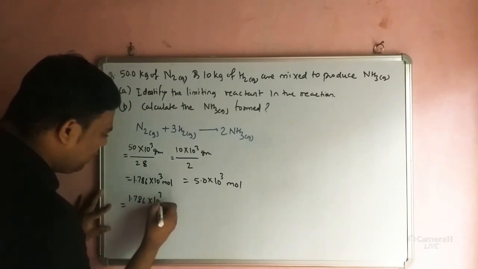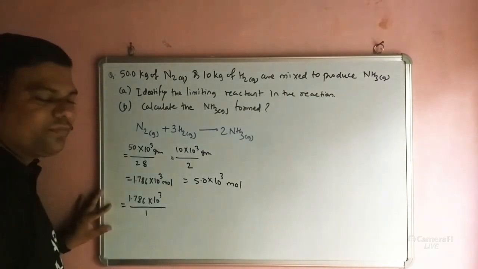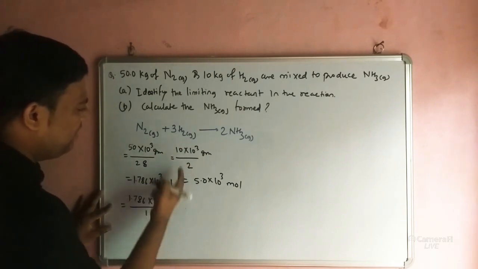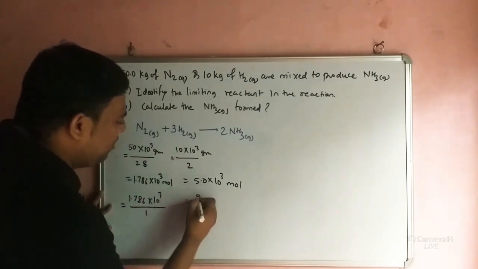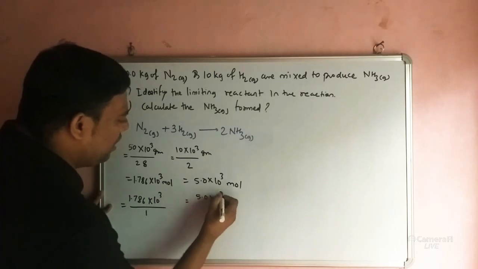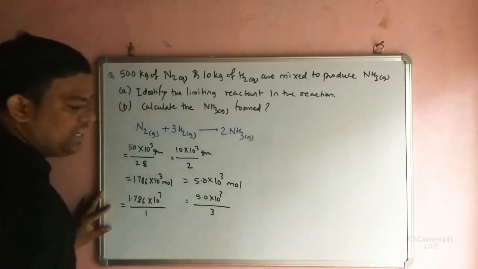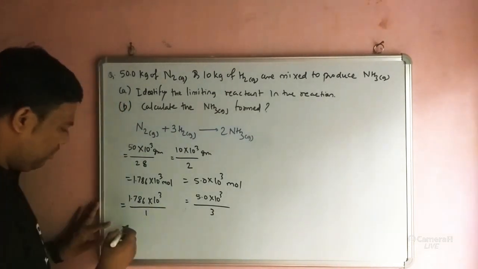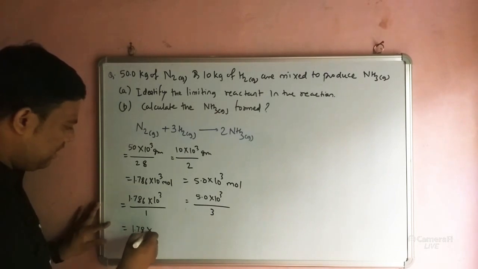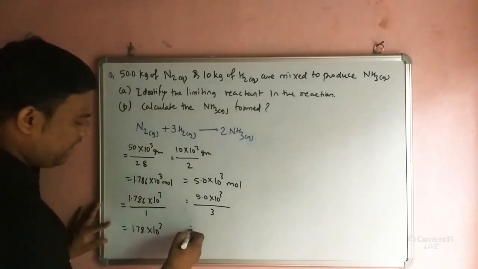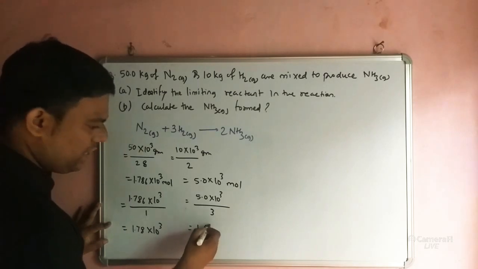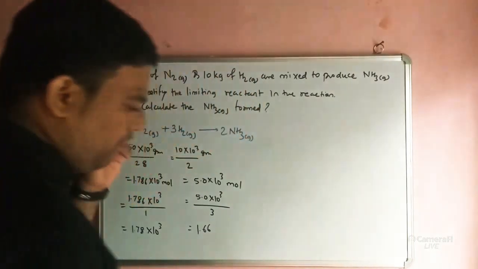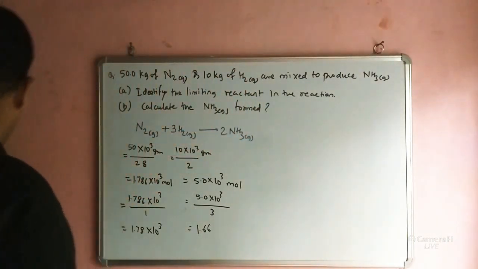1.786 into 10 raised to 3 divided by 1, and for the other, 5.0 into 10 raised to 3 divided by 3. So here your answer is 1.78 into 10 raised to 3, and here it is 1.66 into 10 raised to 3.